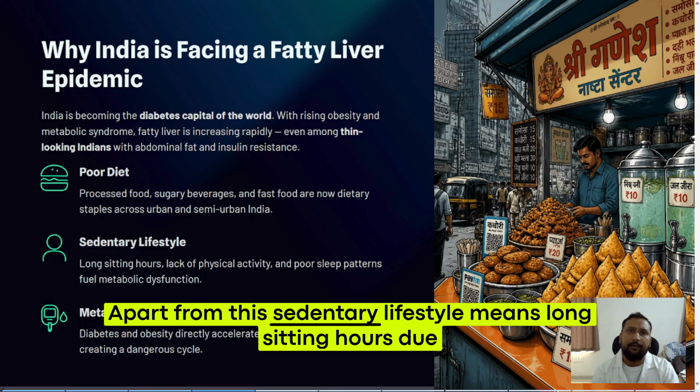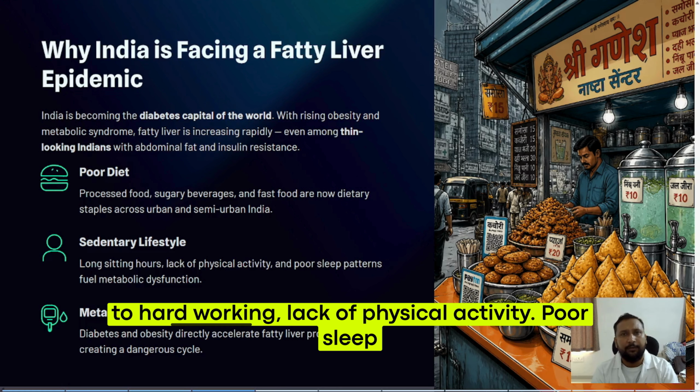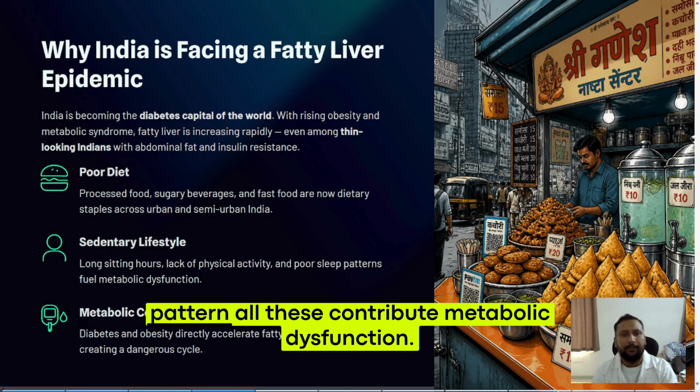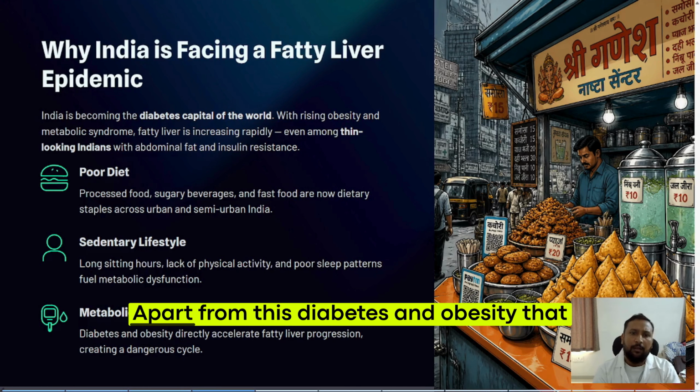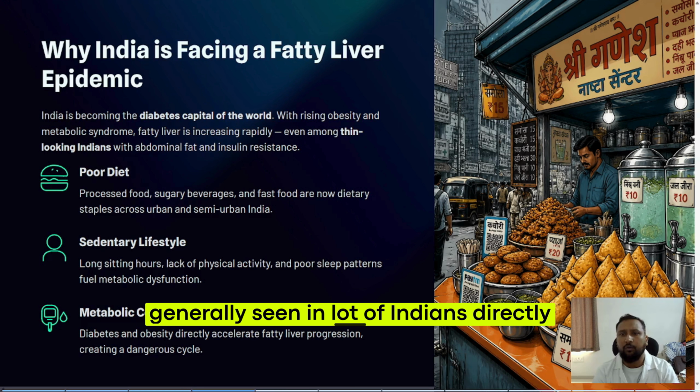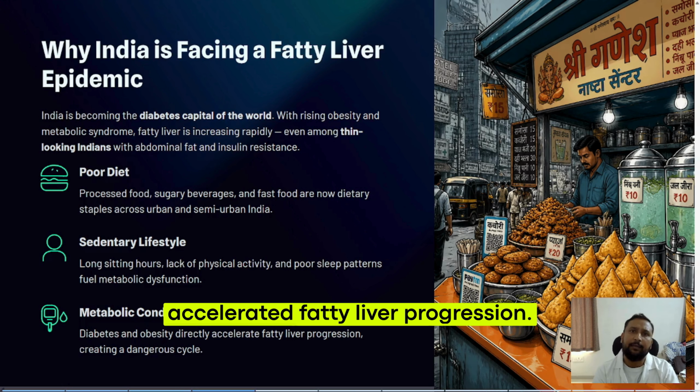Apart from this, a sedentary lifestyle, meaning long sitting hours due to hard work, lack of physical activity, and poor sleep patterns. All these contribute to metabolic dysfunction. Apart from this, diabetes and obesity, which are seen in a lot of Indians, directly accelerate fatty liver progression.